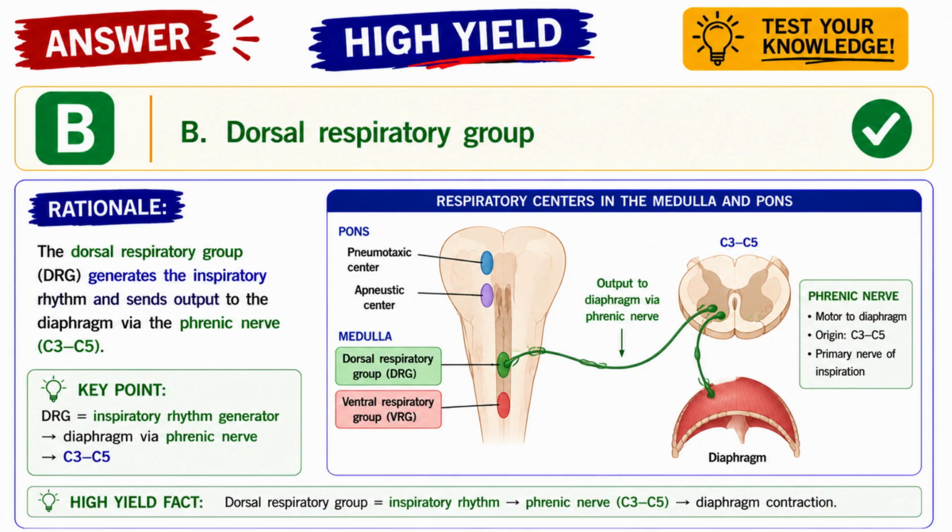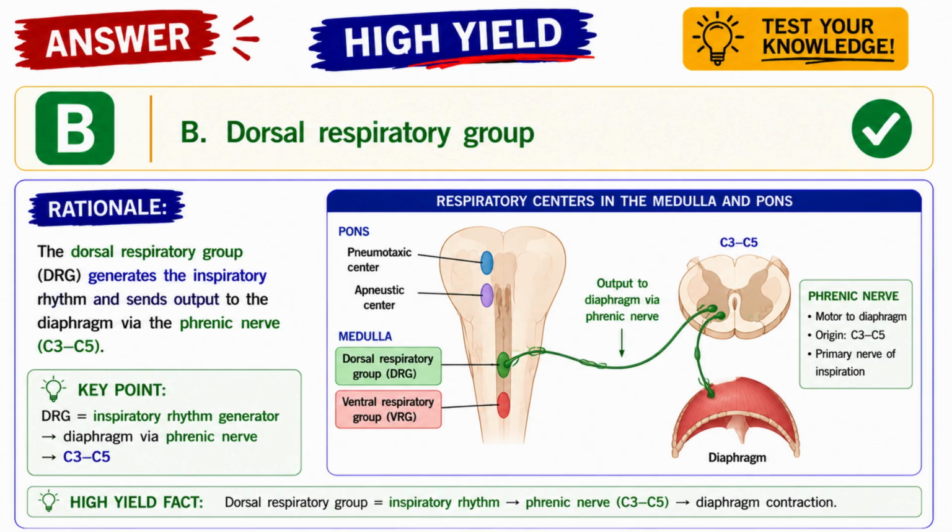Phrenic nerve origin, cervical nerve roots, C3, C4, C5. The classic mnemonic, C3, 4, 5, keeps the diaphragm alive. DRG fires, phrenic nerve activates, diaphragm contracts, thorax expands, inspiration occurs. DRG stops firing, phrenic nerve quiets, diaphragm relaxes, elastic recoil drives expiration.